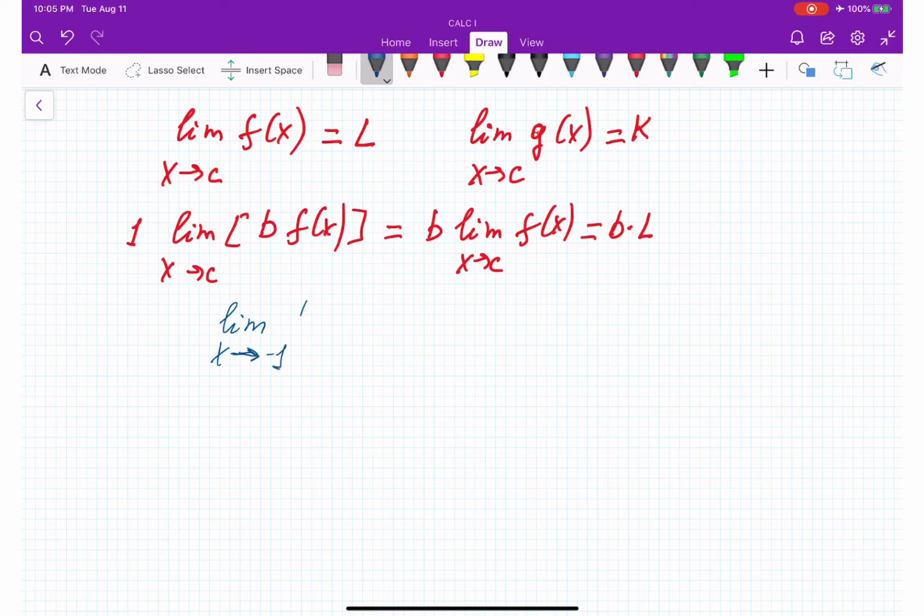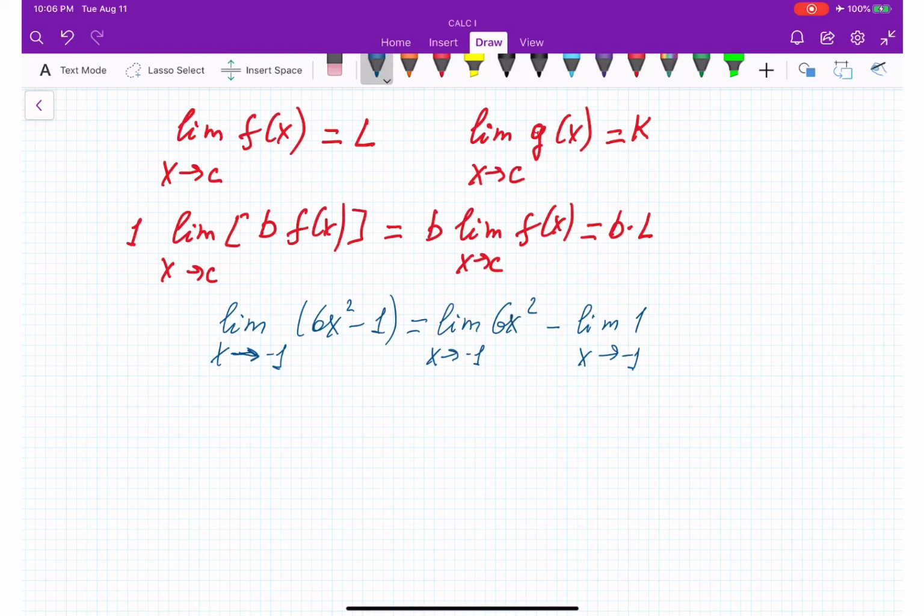And I have 6x squared minus 1. I can write down the limit of 6x squared as x approaches -1, minus the limit of 1 as x approaches -1.